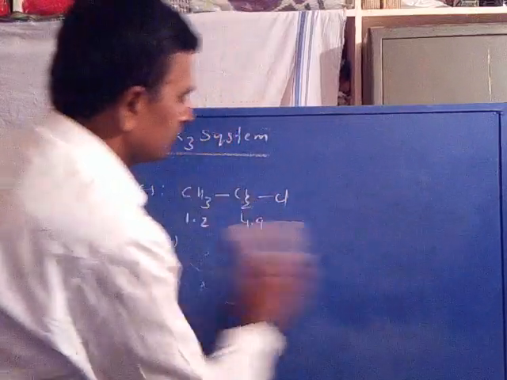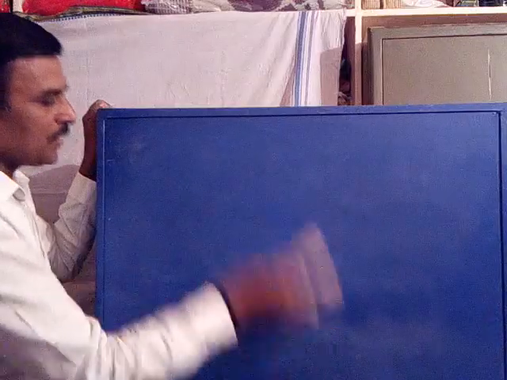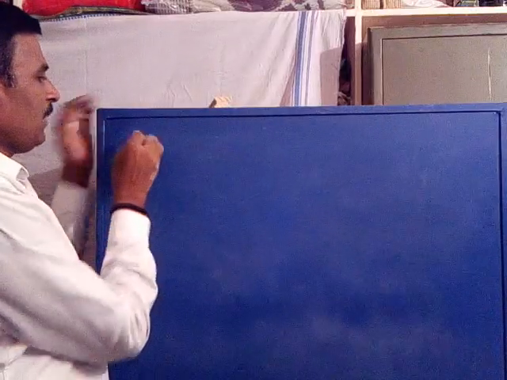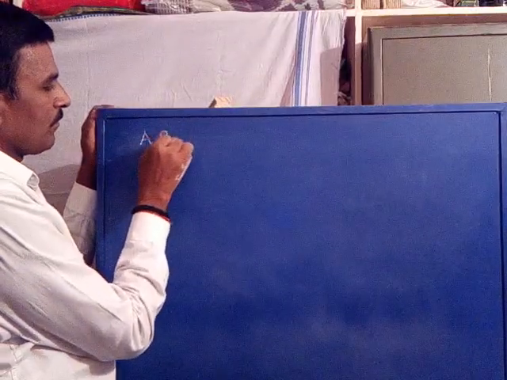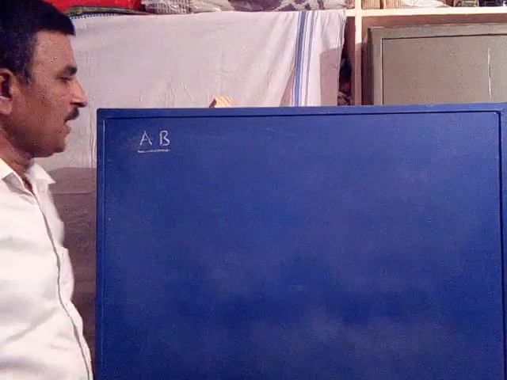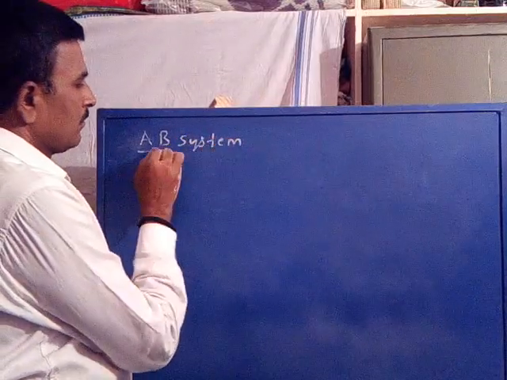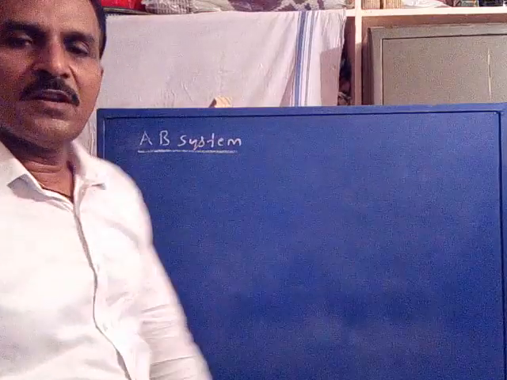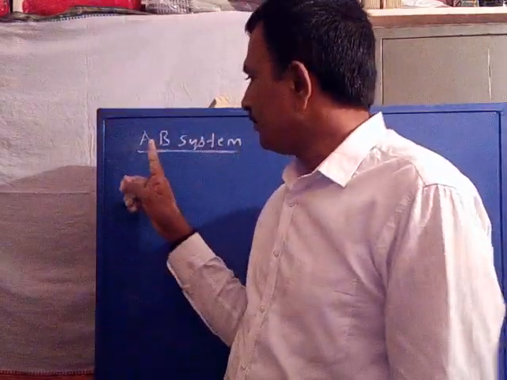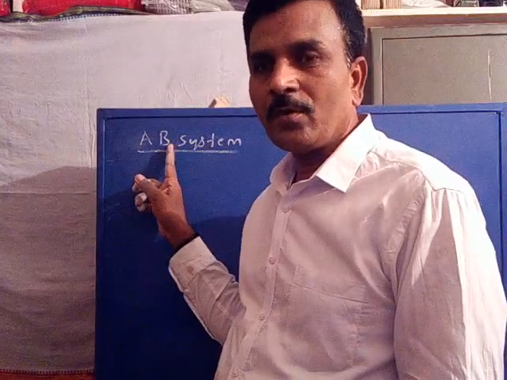Now, coming to other system, AB system. Now, what is AB system? You see, there are only two sets of proton.